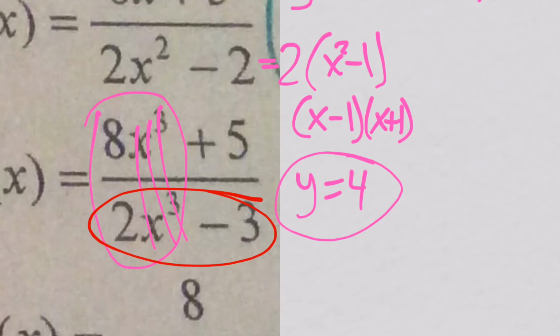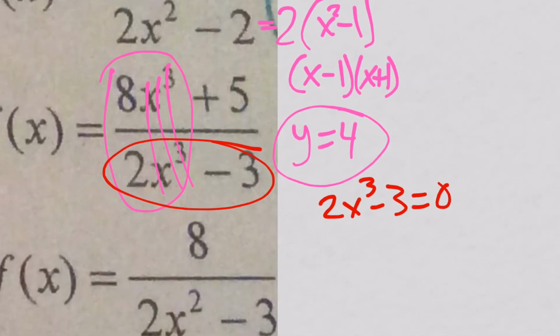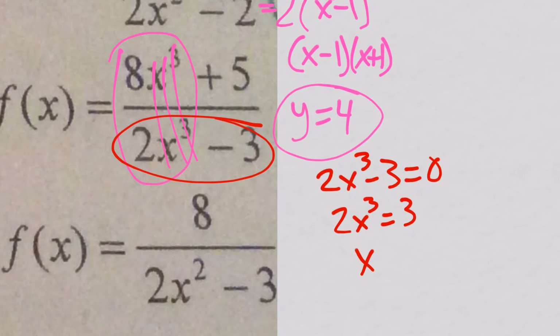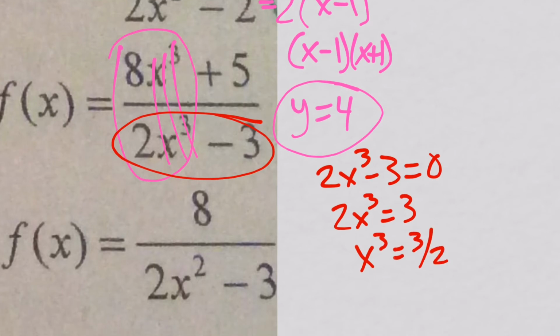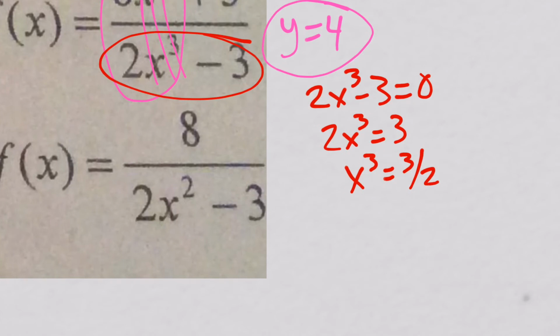vertical asymptote for, because we need to know when is 2x cubed minus 3 equal to 0, which means we need to know when is 2x cubed equal to 3, which means we need to know when is x cubed equal to 3 over 2, which means we need to know when is x equal to the cube root of 3 over 2.